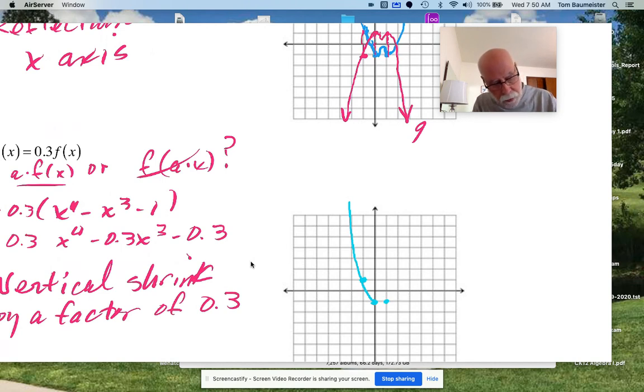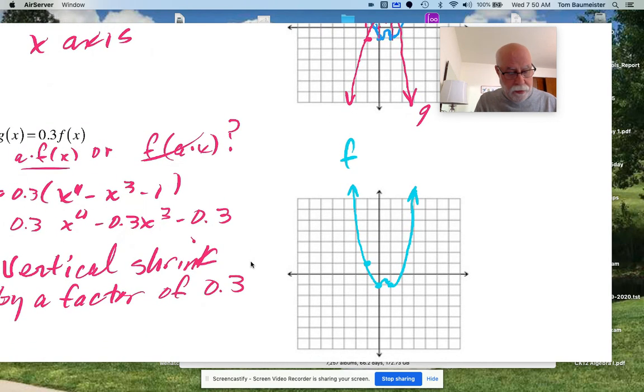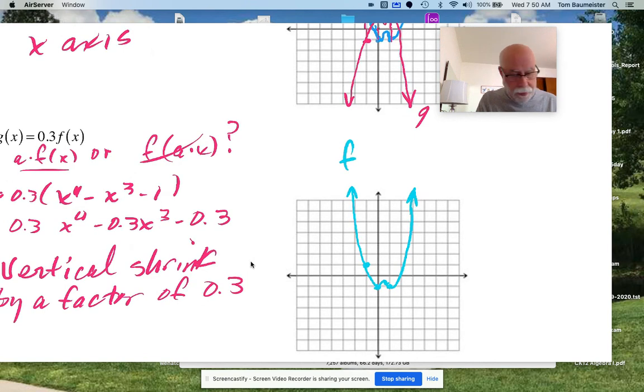So again, there's our f. And on this time here, this one's going to stay the same. It's just going to make it be 0.3.